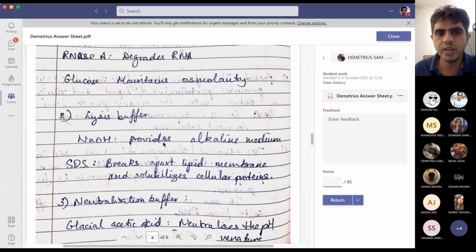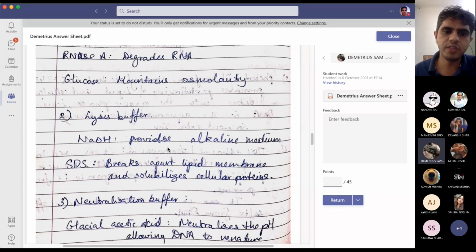The main thing is you should write that it provides the alkaline medium, which denatures the DNA. That's simple. Because the role of NaOH is denaturing the DNA. We don't just need an alkaline medium, we need an alkaline medium to denature it. So this is what was missing.